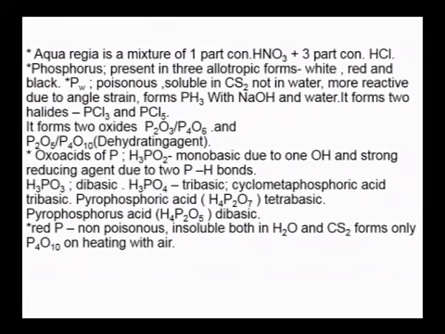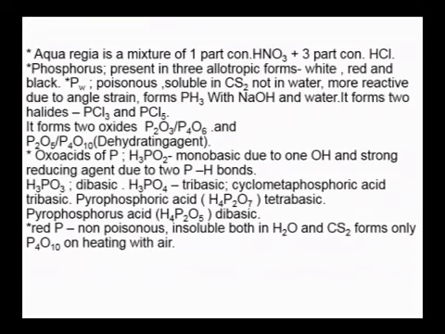H3PO3, another oxoacid of phosphorus, is dibasic because it has two OH groups in its molecule. The next one is H3PO4, phosphoric acid. It has three OH groups, hence it acts as tribasic.